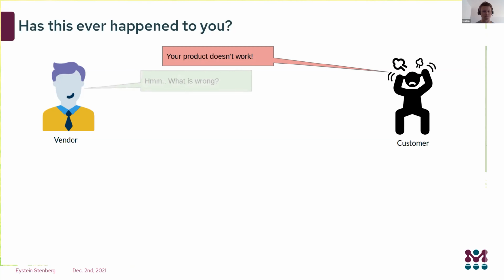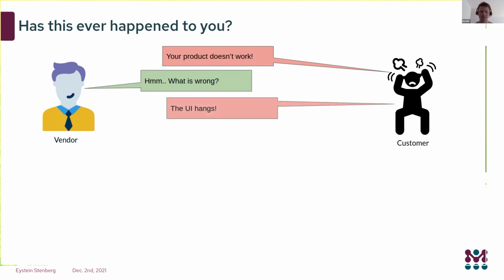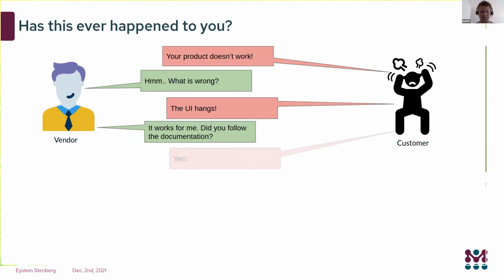But something is wrong, so you have to ask what's going on here, what's wrong. And maybe the UI is hanging, but of course it works on your product, right? So you don't know exactly what's different. And the documentation was followed, so it should work.